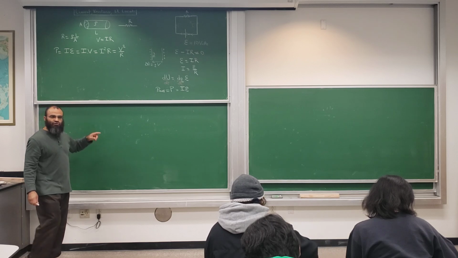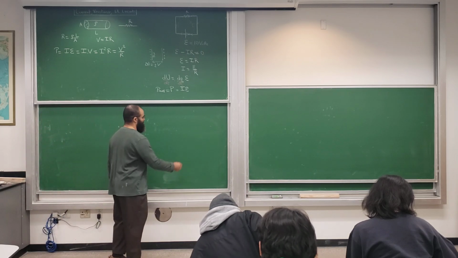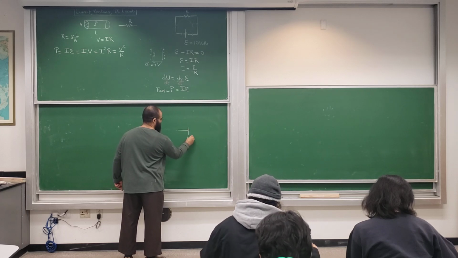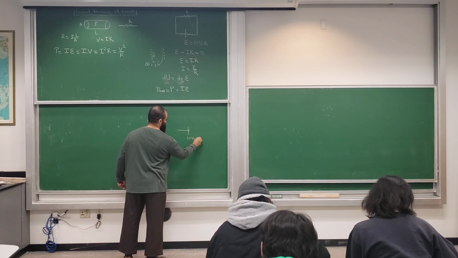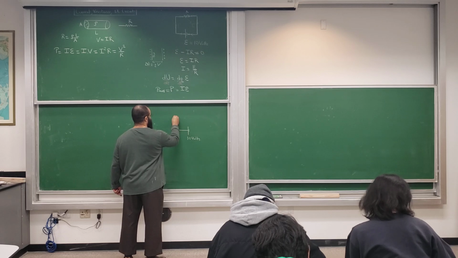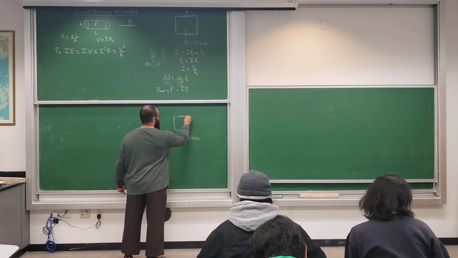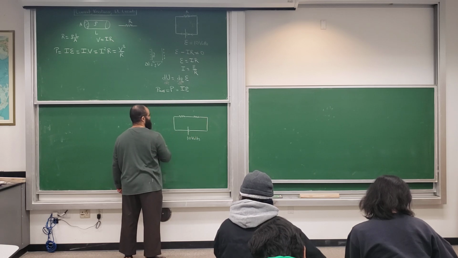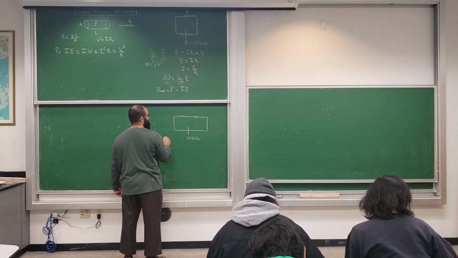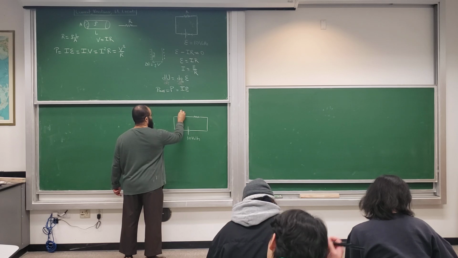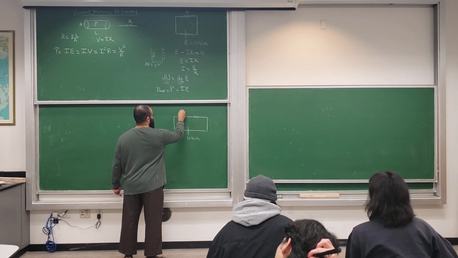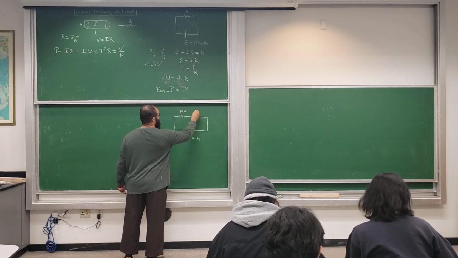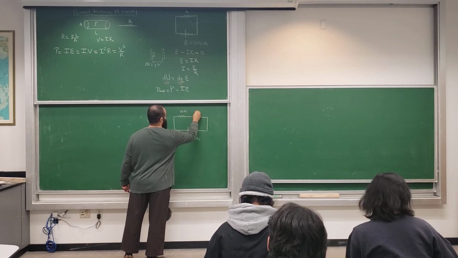Okay. So let's say I have two resistors. Here is a battery. Let's say it's 10 volts. Let's say I have a resistor here, and then another resistor here. Let's say this one is 10 ohms, and let's say this one is 40.